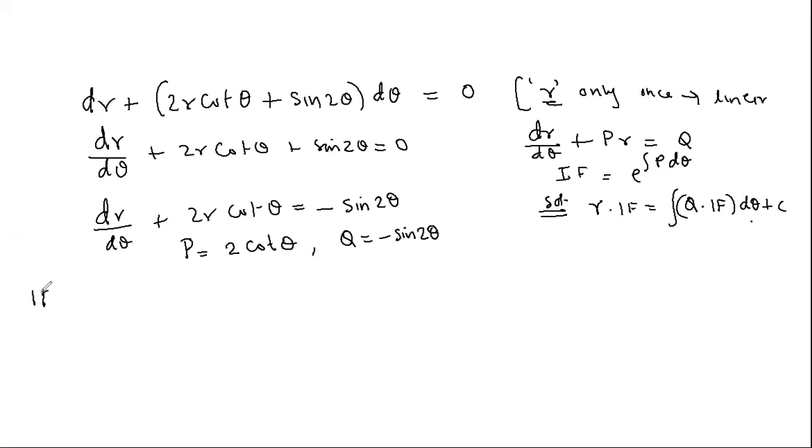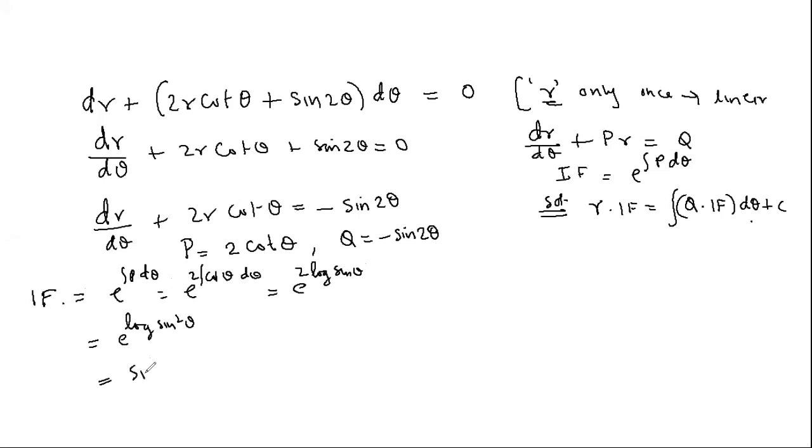So integral factor e raised to integral P d theta, e raised to 2 integral cot theta d theta, e raised to 2 log sin theta, e raised to log sin square theta. Yes, somebody has given the answer. Sin square theta. So the integral factor is sine square theta.